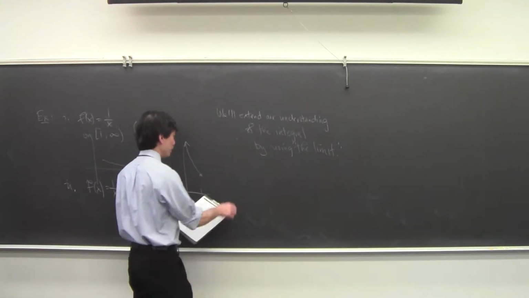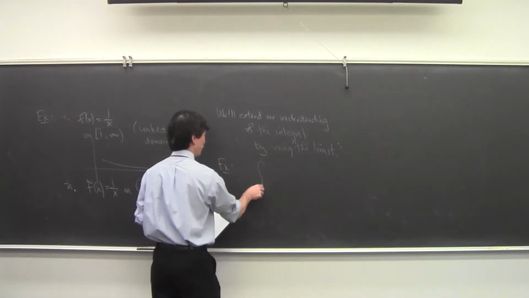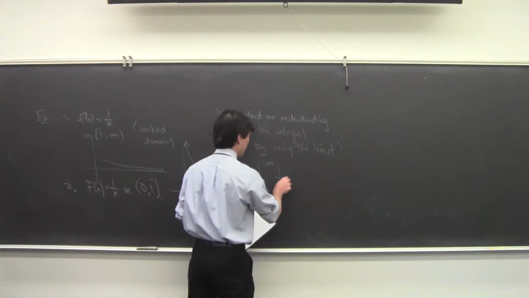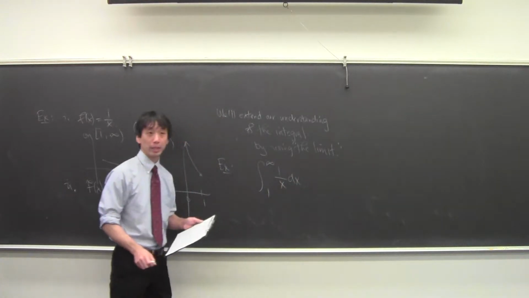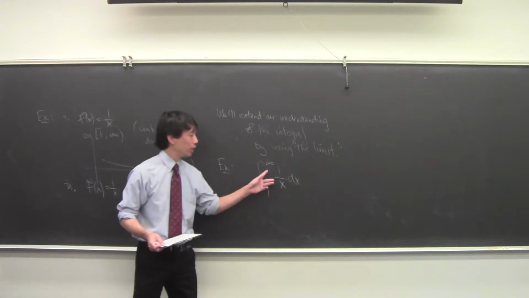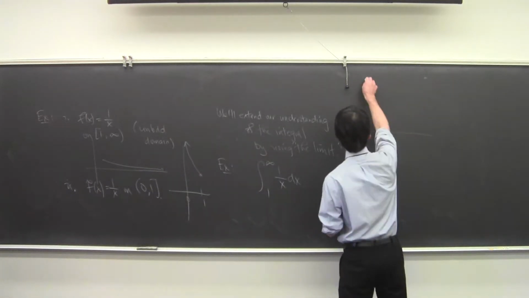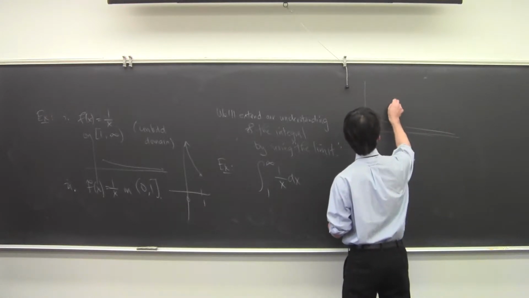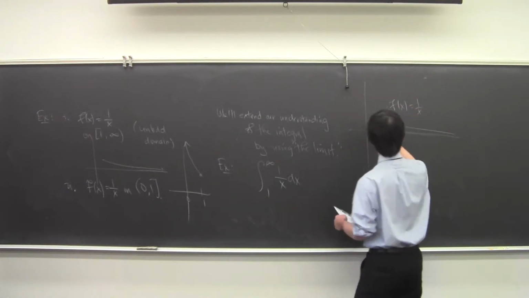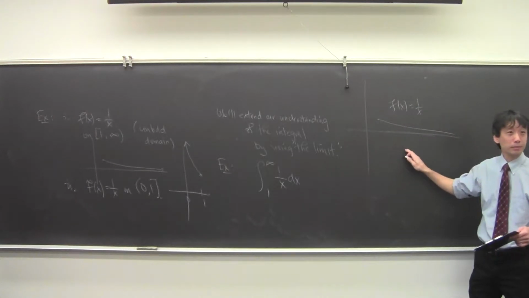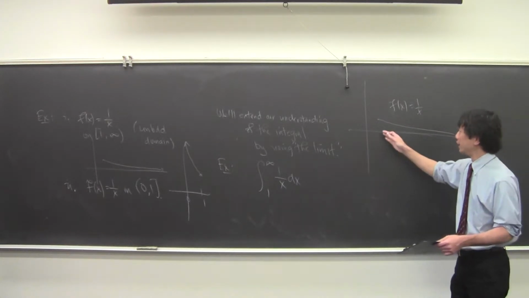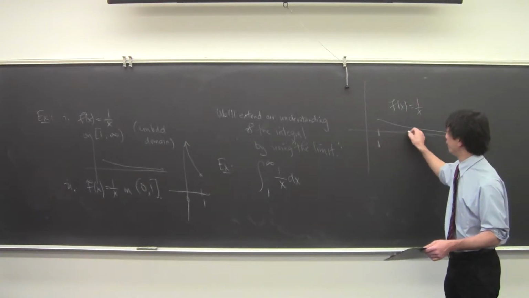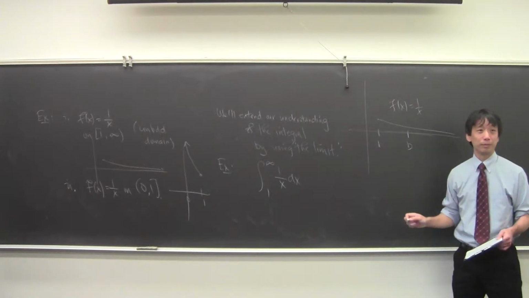So, for example, if we're looking at the integral from 1 to infinity of 1 over x dx, somebody says, what's the area under the function 1 over x? You say, well, I don't know how to take that integral, but I do know how to take the integral of that function from 1 to b, from a to b.